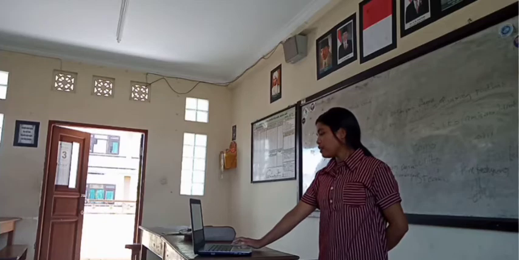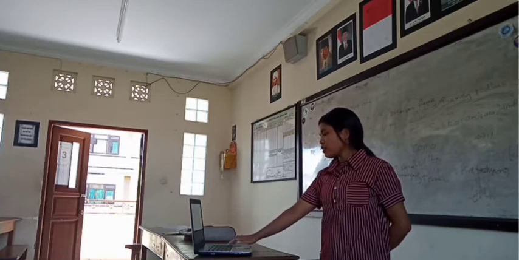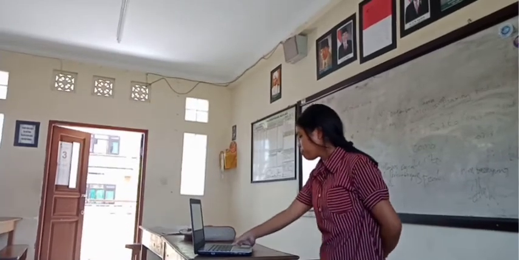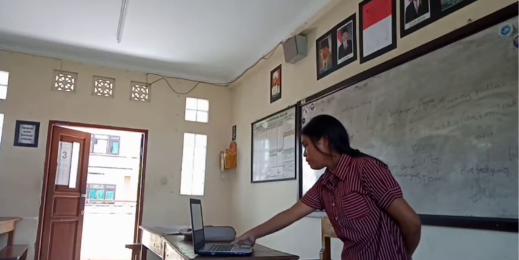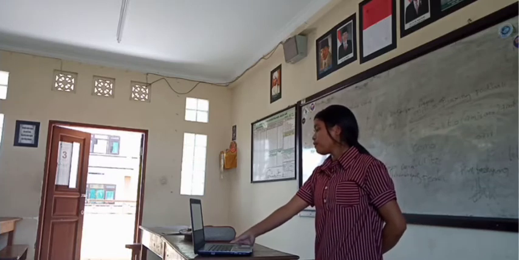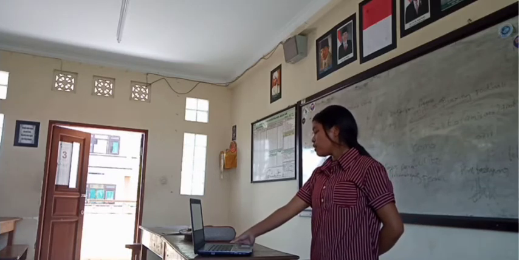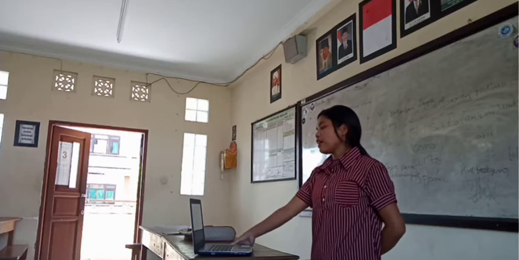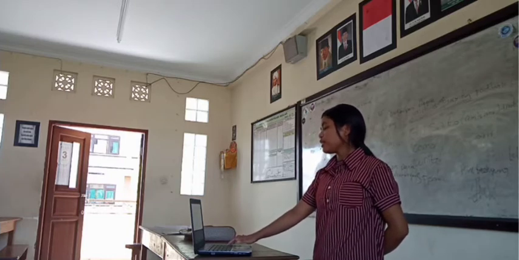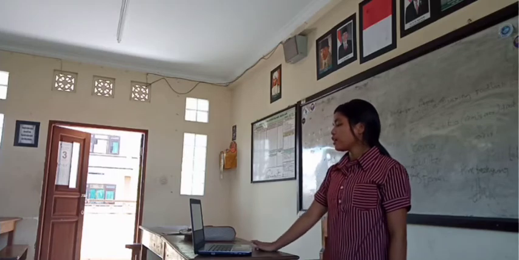And then the last, the topic for recount text: an event or experience that occurred at school, at home, and so on. So, guys, I would like to explain the generic structure of recount text.